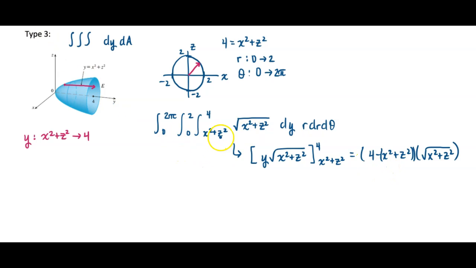Now I remember that we're doing part of this in rectangular coordinates. So this dy and my y bounds are in rectangular coordinates. These coordinates, so my r bounds and my theta bounds, are in polar.